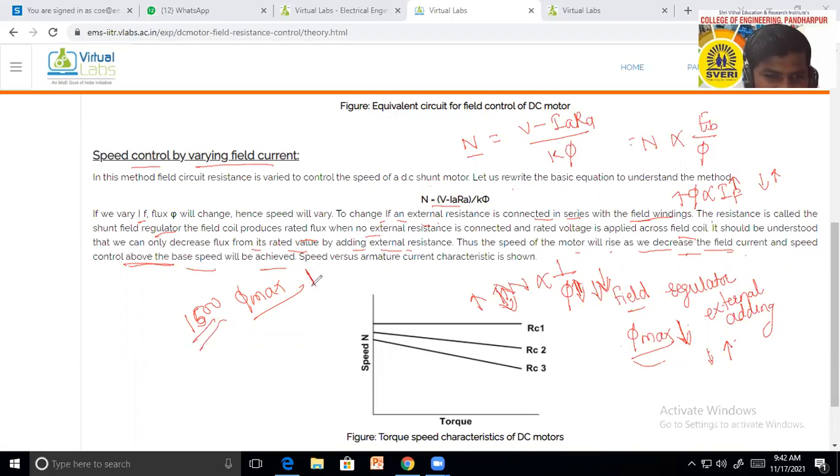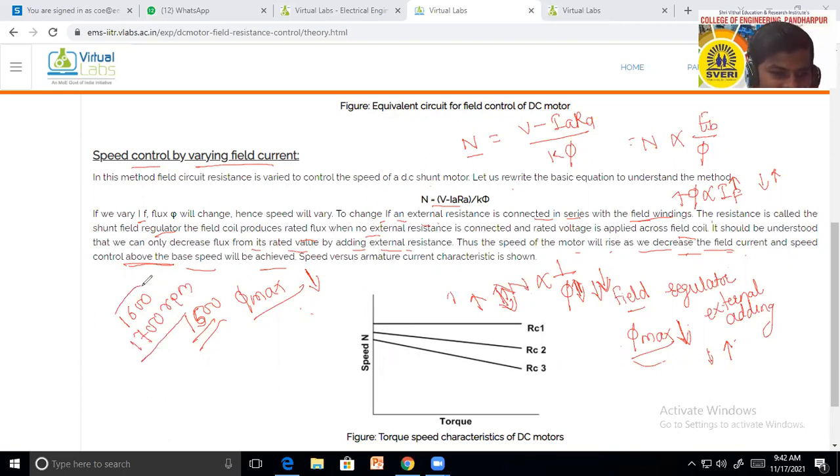By reducing this value of phi max, or by reducing the value of the flux, what happens to the speed? The speed increases. That means suppose the speed may be 1600 revolutions per minute, 1700 revolutions per minute. That means the speed will increase.